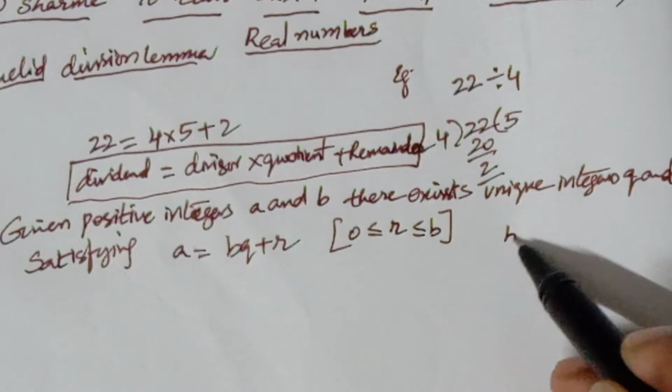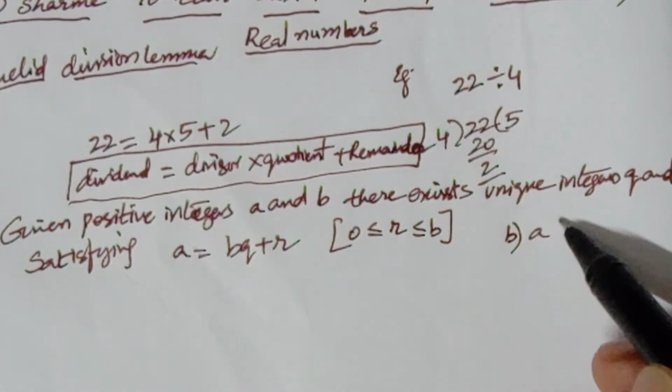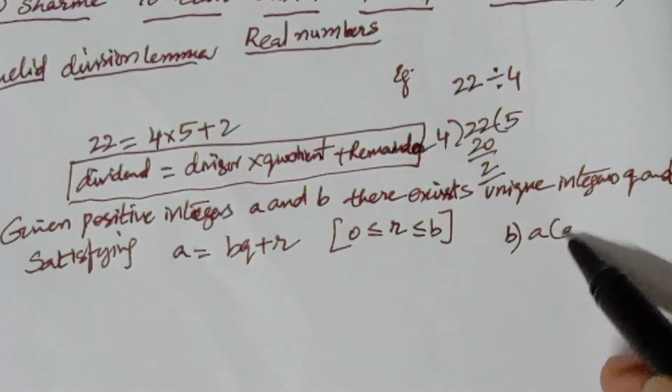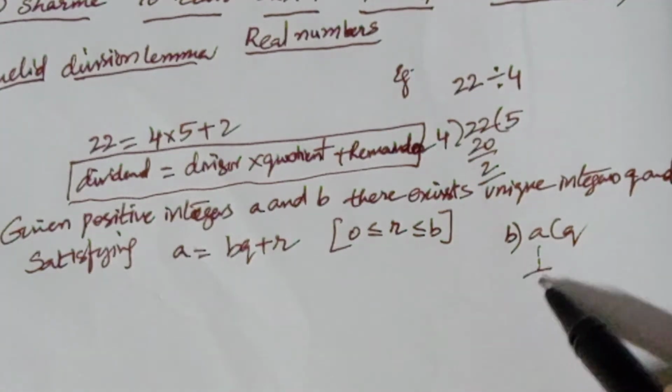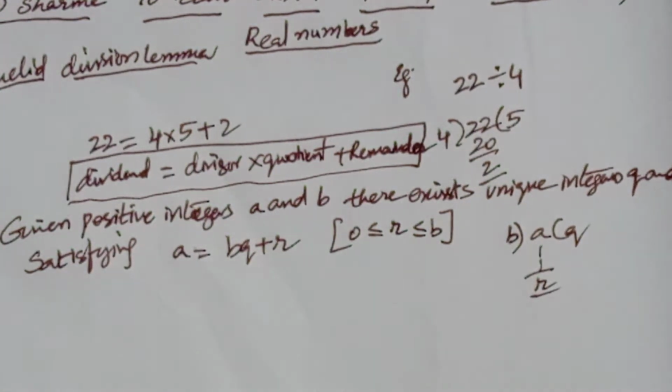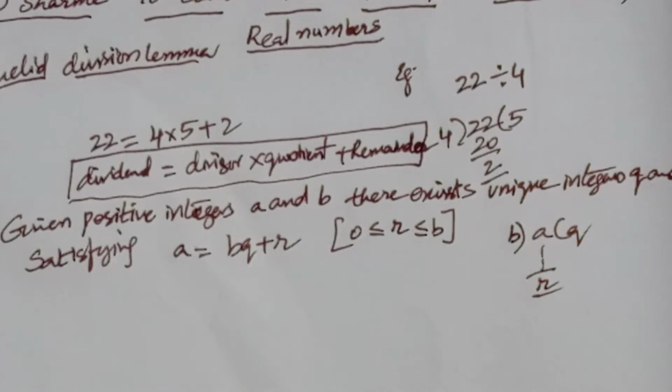So here you are dividing a by b, you are getting quotient q and remainder r, q times it is going.